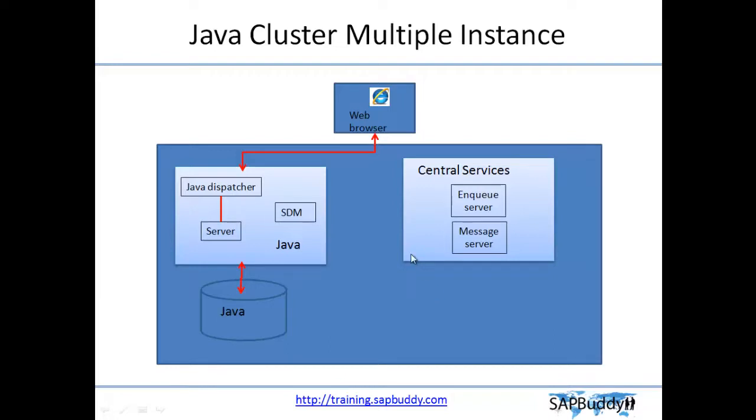That is the Java instance, meaning the dispatcher as well as the server process, and you have the central services, that is your enqueue server and the message server, and the database. All together it's called a Java cluster. This is one instance. You can have multiple instances in the Java cluster as well.